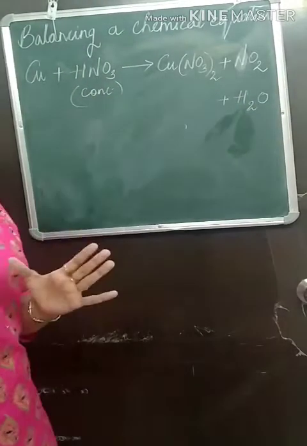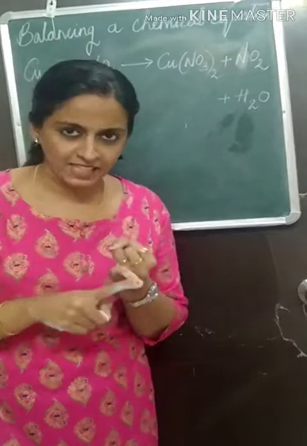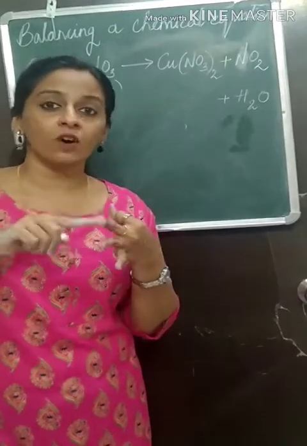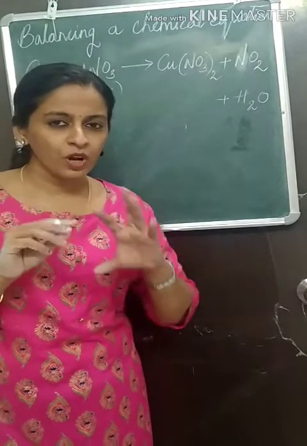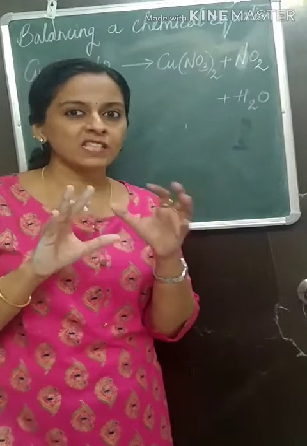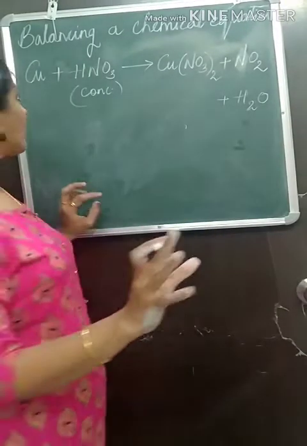Same format you have to remember. First we will take metals, then non-metals, then oxygen, and last hydrogen. And one more clue I told you, don't try to disturb complex looking compounds. Okay, so let us start.